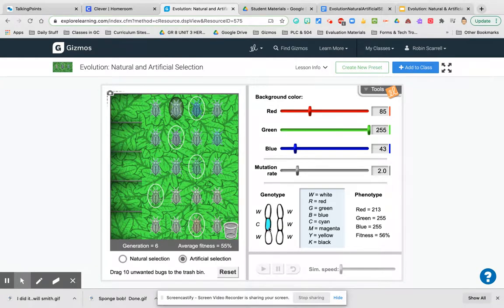So we want one has at least one. So we have 1, 2. Okay, that's not 255, so that wouldn't be full cyan. That would have another color. Cyan. Okay, so we are looking. We have quite a few.